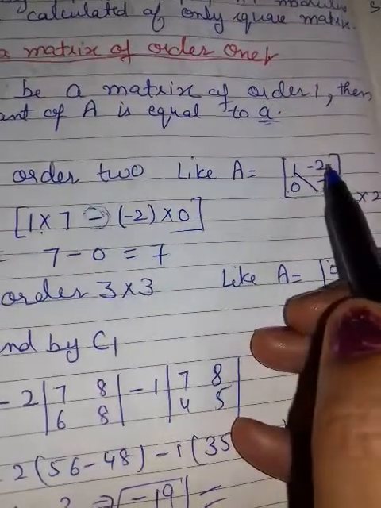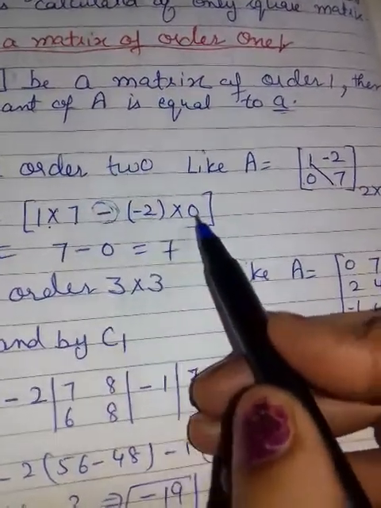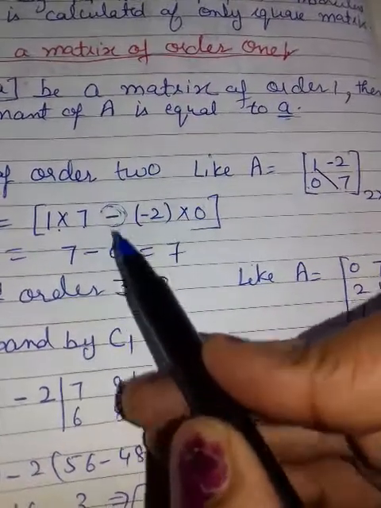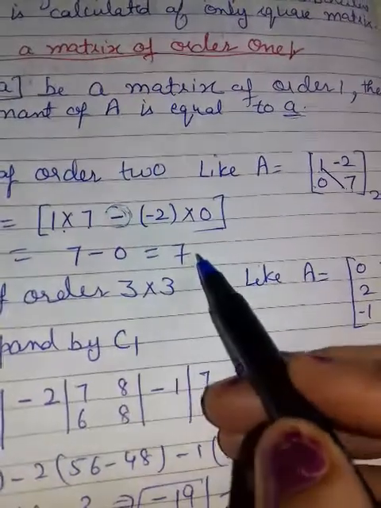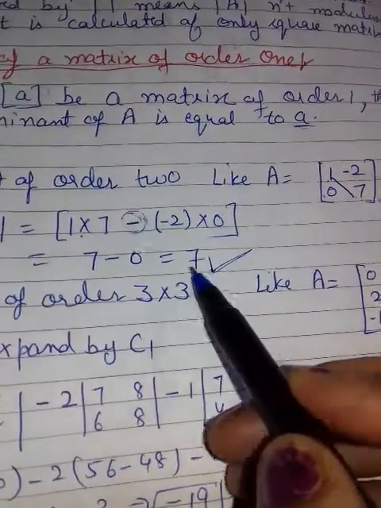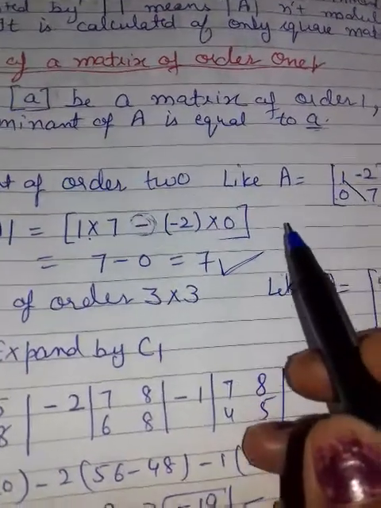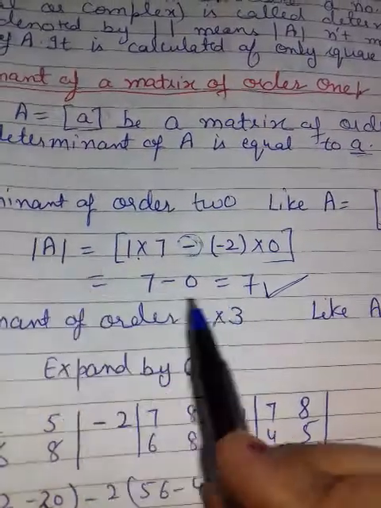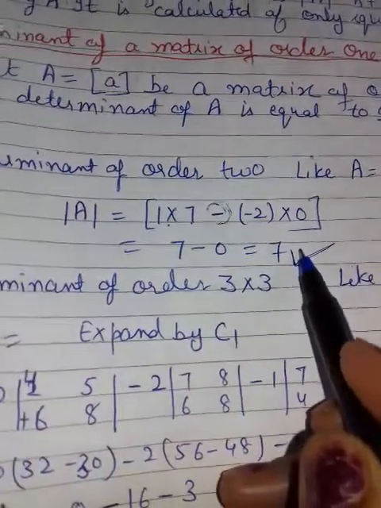Then you will multiply this with here. Clear? So you know what is it. It will become 0. 7 minus 0, so your answer is 7. It can be positive or negative because this bracket is not working as an absolute value. This is your determinant. Determinant can be positive or negative.